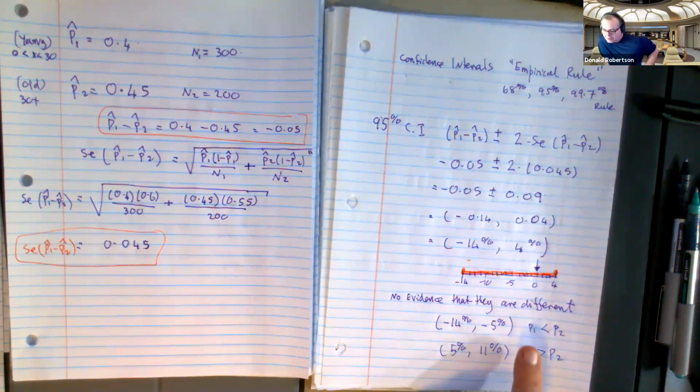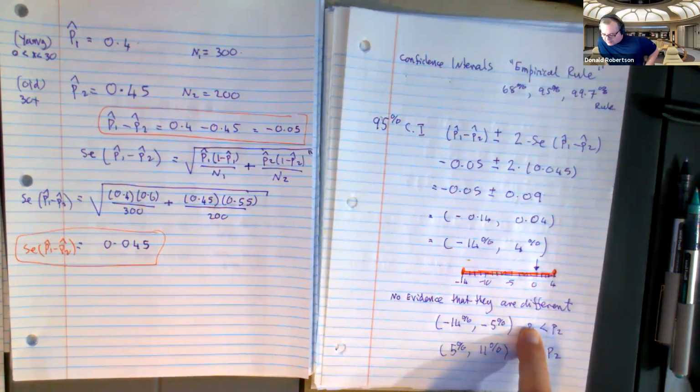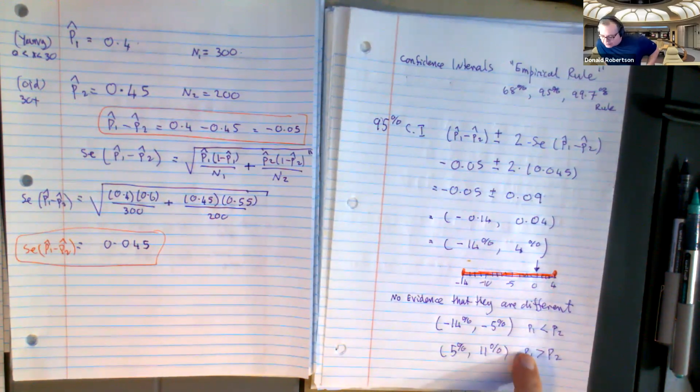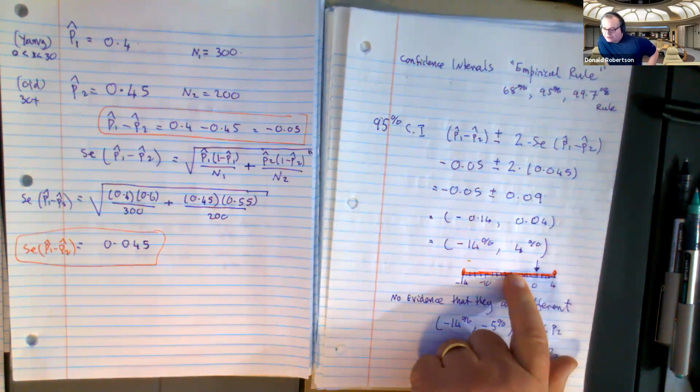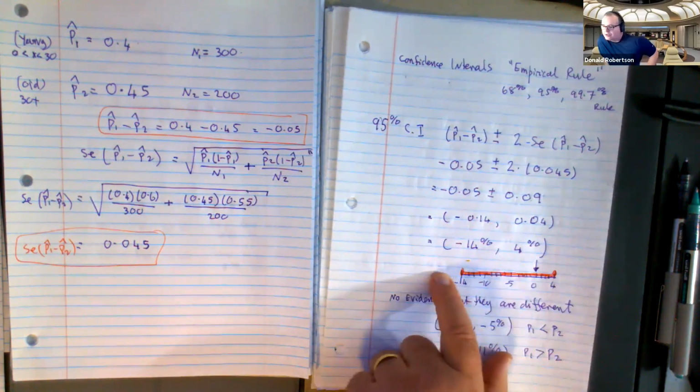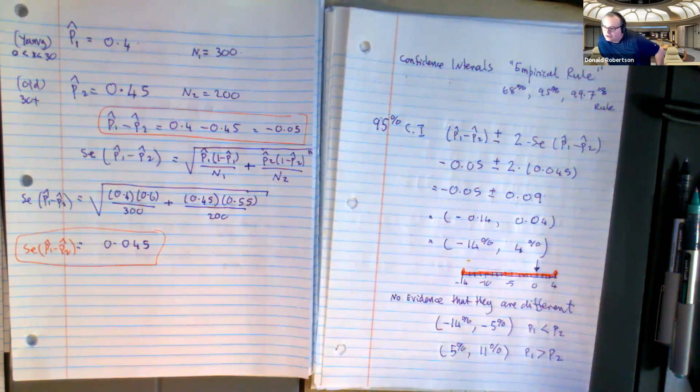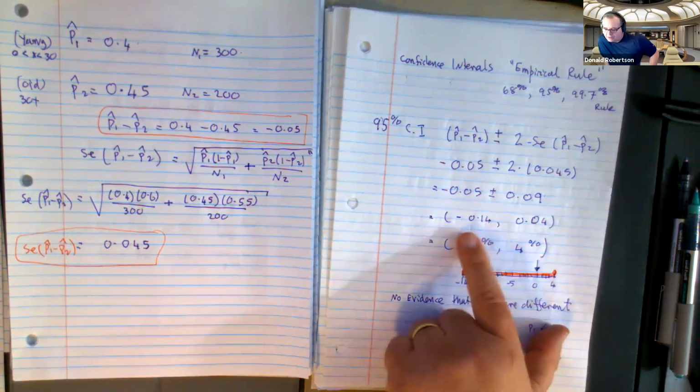So we tend to be looking for evidence that the first guy is less than the second, evidence that the first guy is bigger than the second, and there is no evidence that they're different if 0 is in the interval. And that's your 3 conclusions that you can make once you've built one of these intervals together.